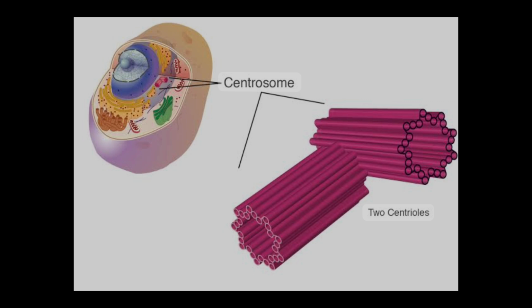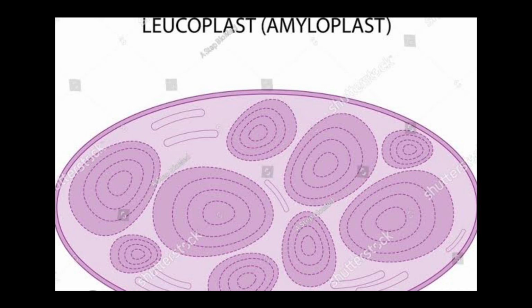The chief characteristics of plastids: first is chloroplast, green in color, traps solar energy for photosynthesis, and contains the pigment chlorophyll. Next, leucoplast: colorless, stores starch, has no pigment. Note the difference, okay?